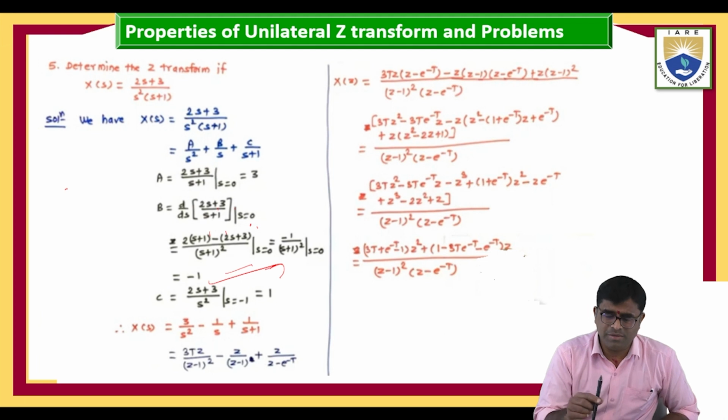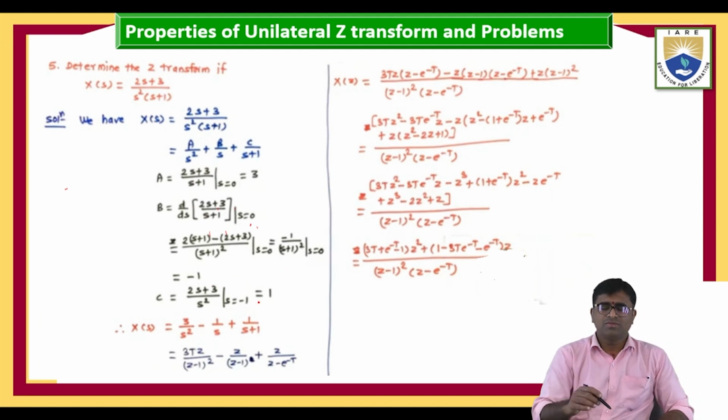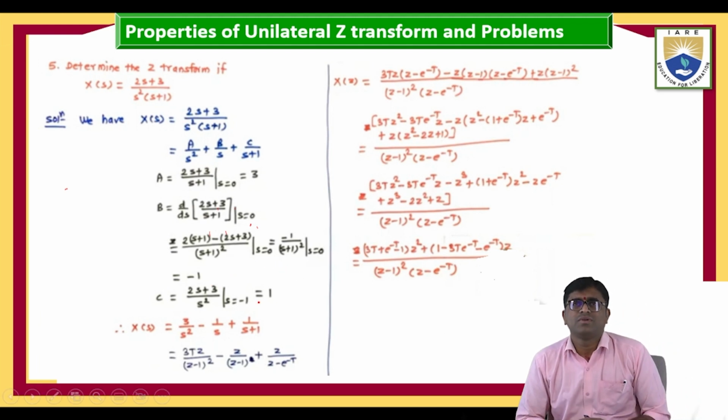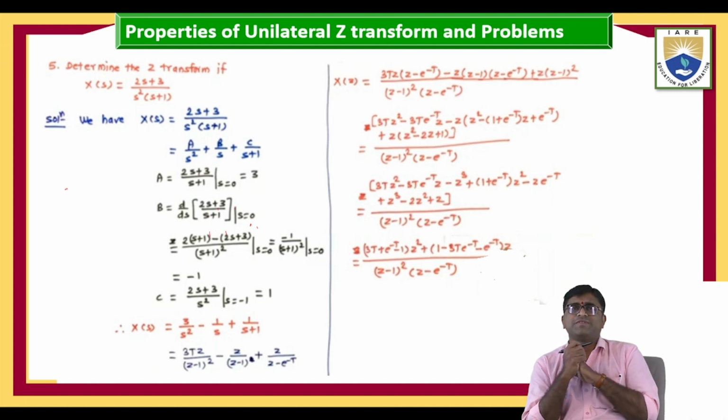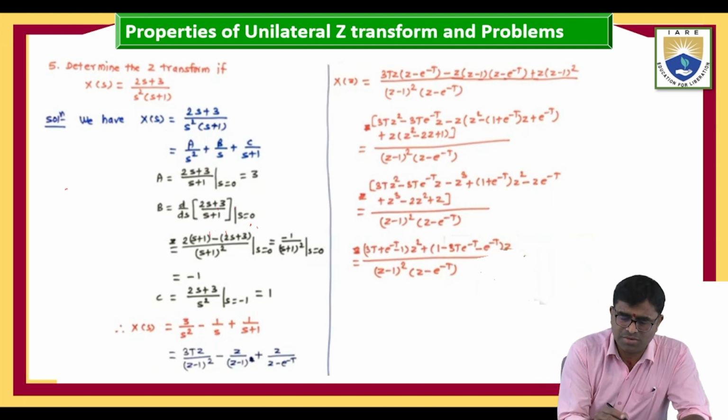Now we are coming to the C value. So that is (2s plus 3) by s square into (s plus 1). So s plus 1 will cancel, and we multiply by s plus 1.